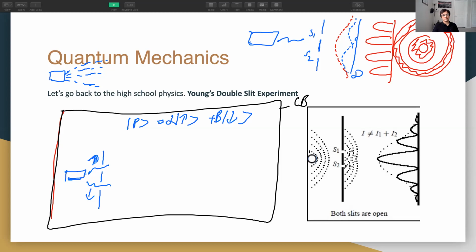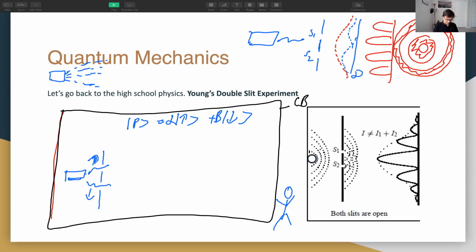This wave function is going to exist as it is from the outside, since we can't see what's inside this black box. And I'm an observer here. So my photon is passing through the upper slit and the lower slit at the same time.